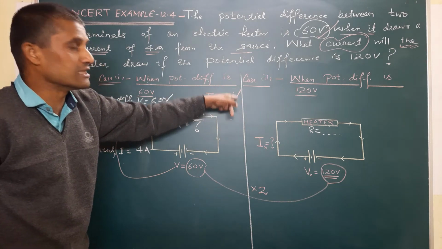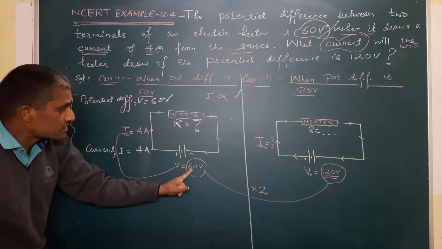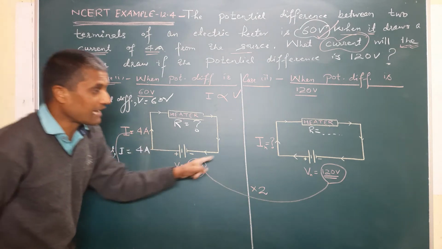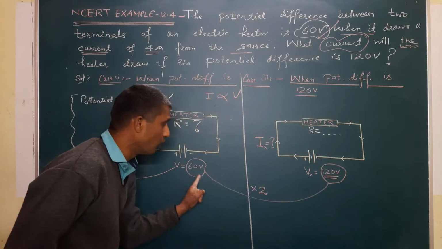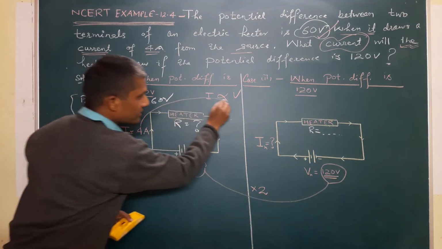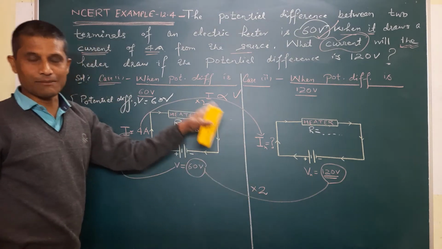If the voltage is going to double, so is the current. So at 60 volt potential difference the current is 4 ampere, but at 120 volt, that means the potential difference is doubling, so this current is also going to double: double the voltage, double the current.